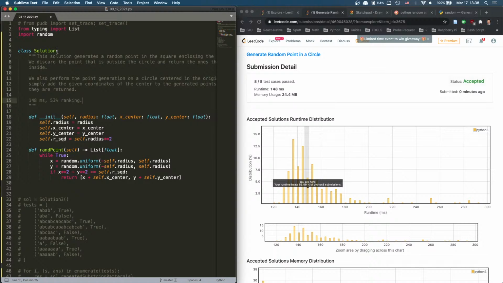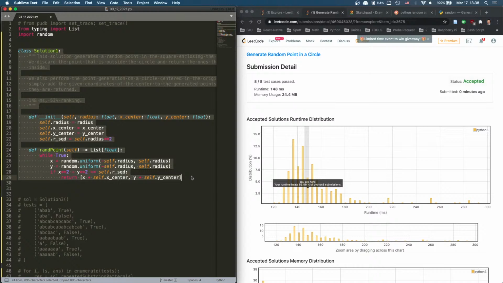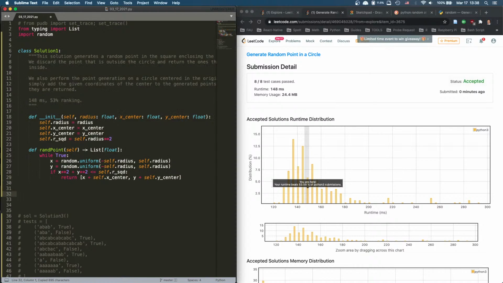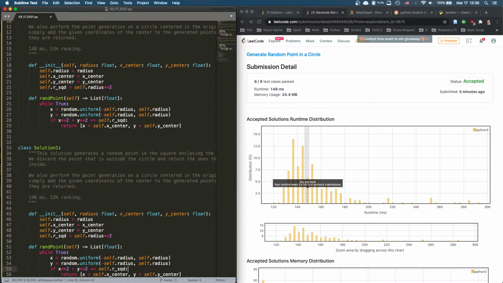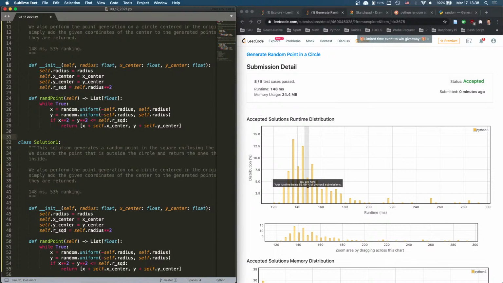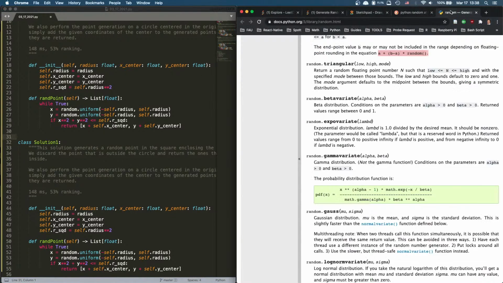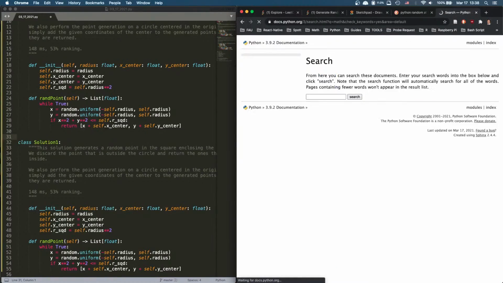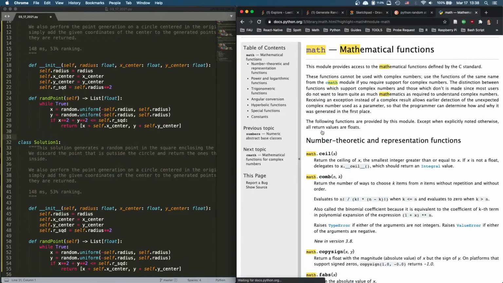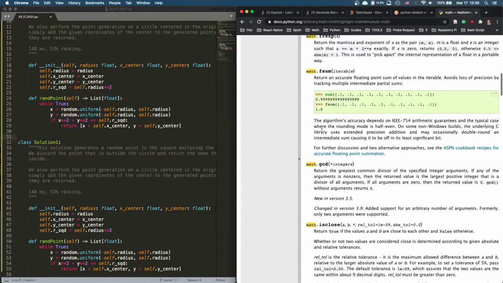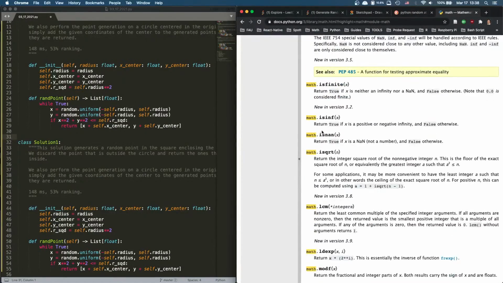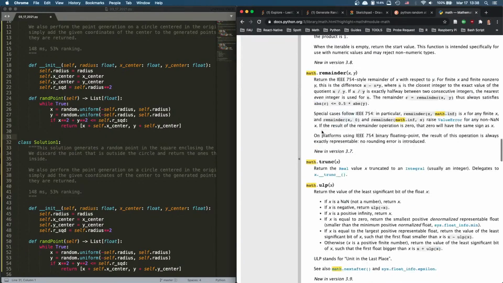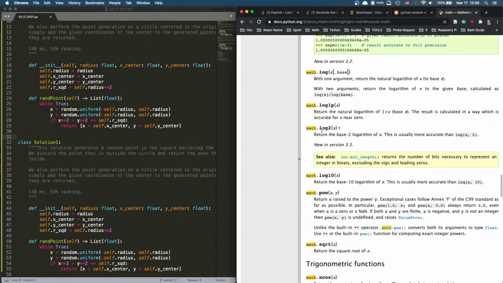And of course, we said we want to try another solution, which is using the polar. Now, with the polar, we have to do sine and cosine on this. So we have to search for math. Yeah, let's just do math. They have sum, GCD, power.